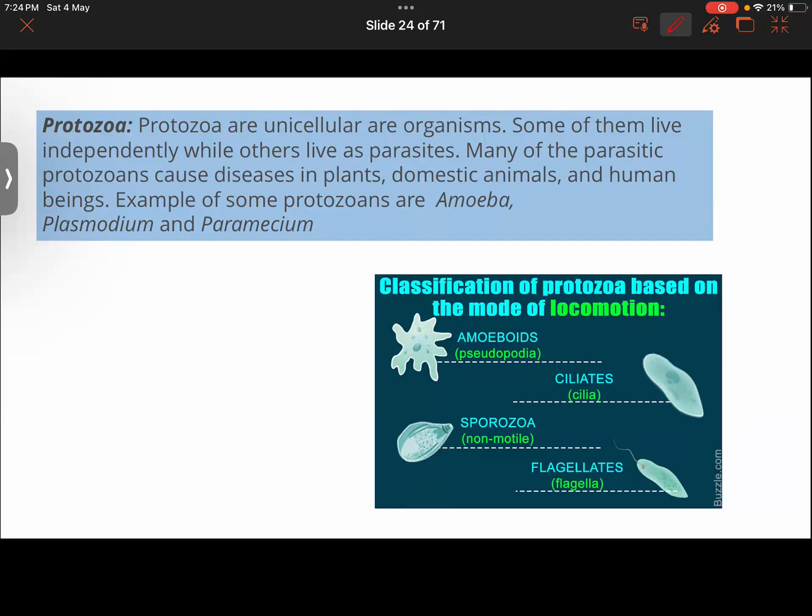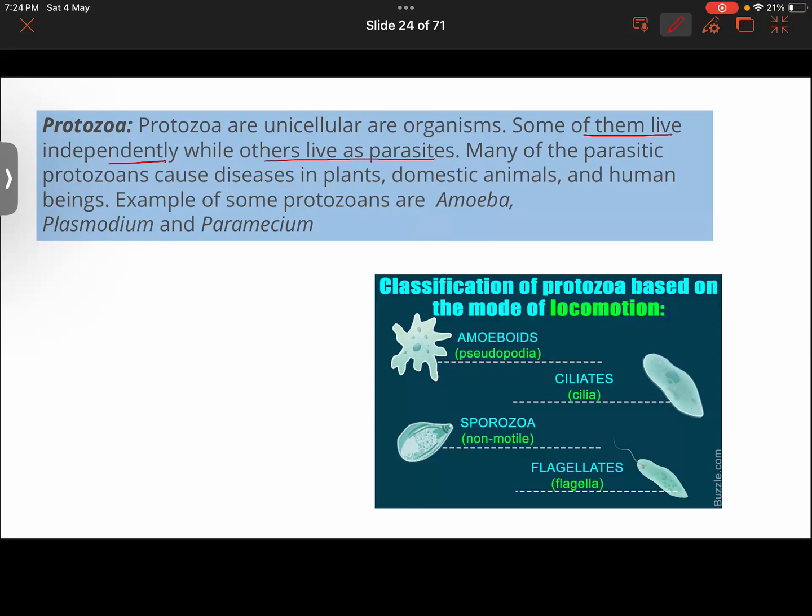Talking about where we find them: some of them live independently while others live as parasites. Some can be found living alone in ponds, in lakes, in dirty water drains, in rivers, in the seawater, or in damp soil.